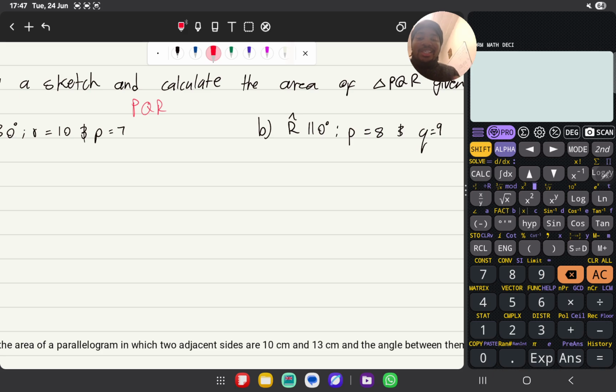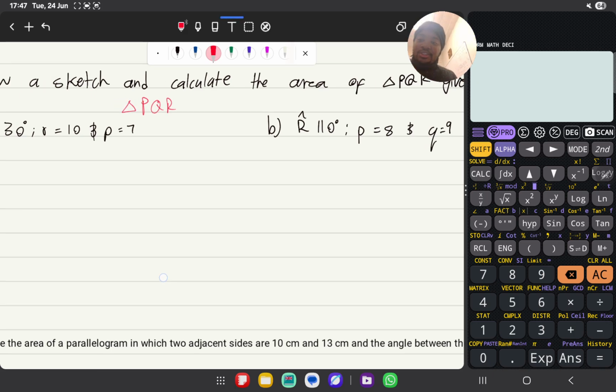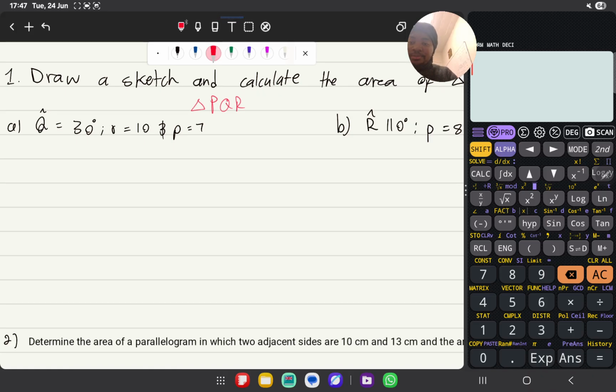Let's start with the first one here. It doesn't actually say that it's a right triangle, so it doesn't really matter how you do it, but just for simplicity, let's make a right angled triangle.